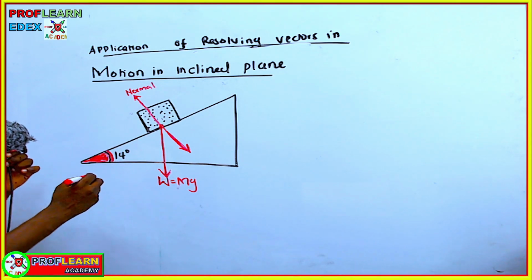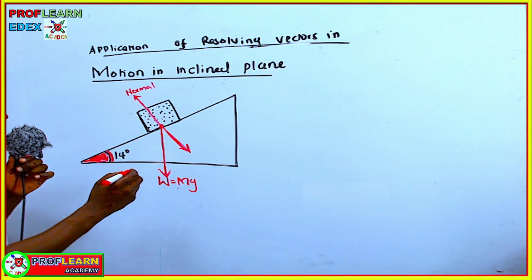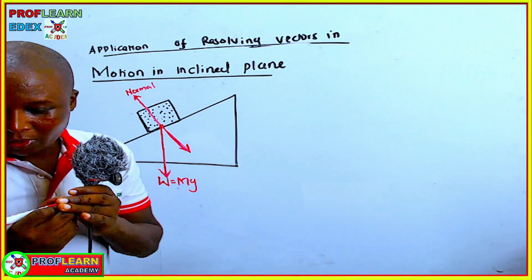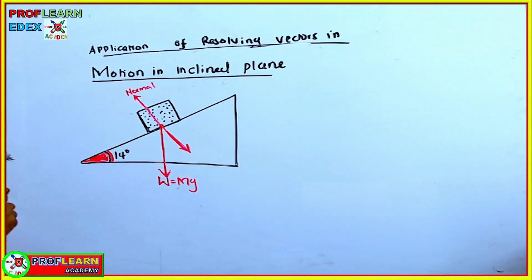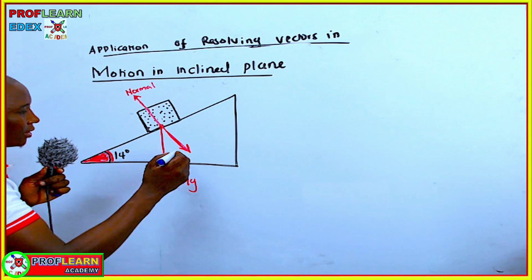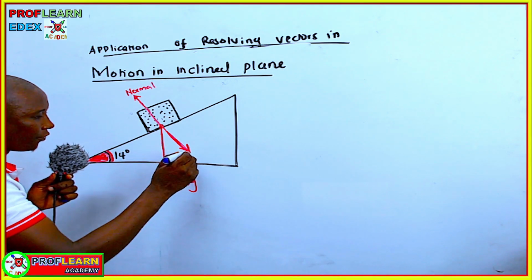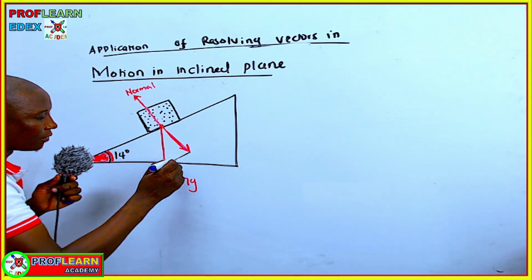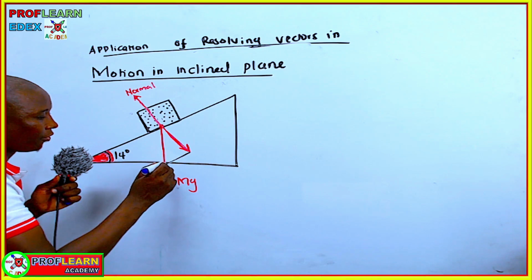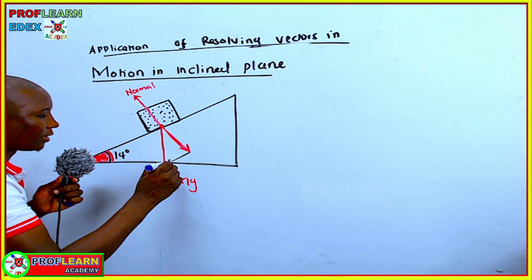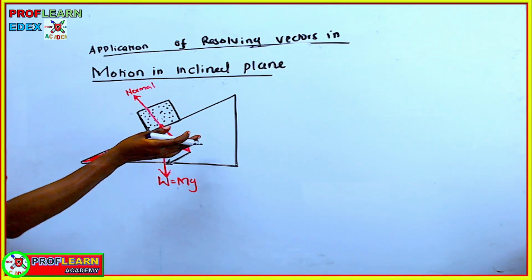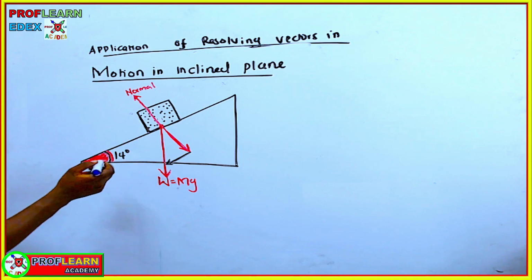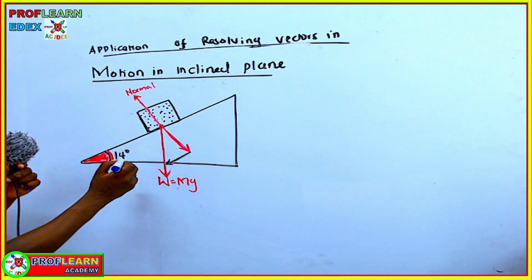Now, we can resolve vectors here. And I want you to be very, very keen at this given point. There is a force acting parallel to the inclined plane. So that force, we can put it here.